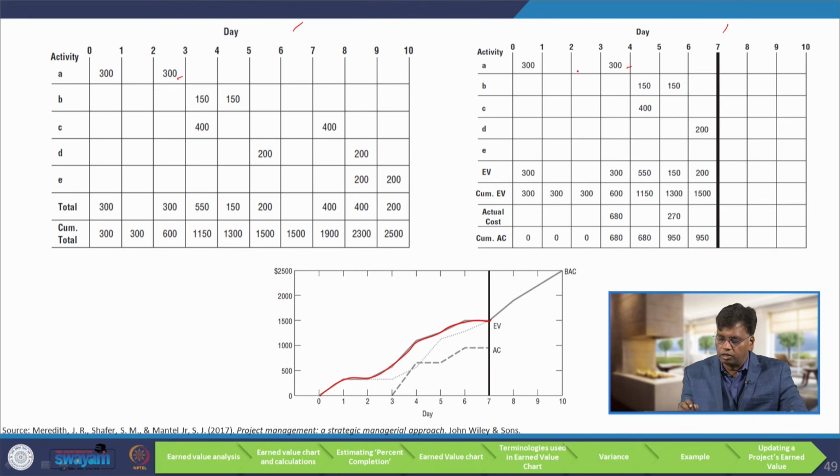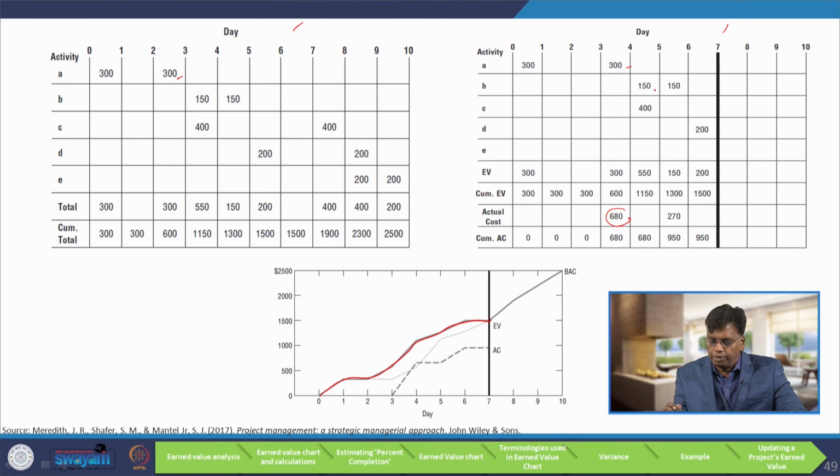So, activity A will be finished on the 4th day instead of the 3rd, and the cost is allocated on the 4th day. The additional cost is $80 more: instead of 600, it becomes $680.